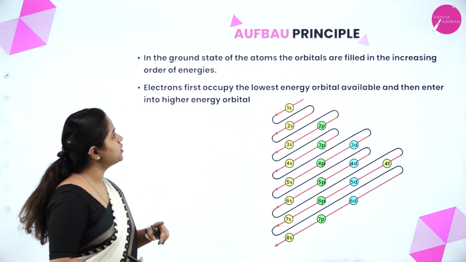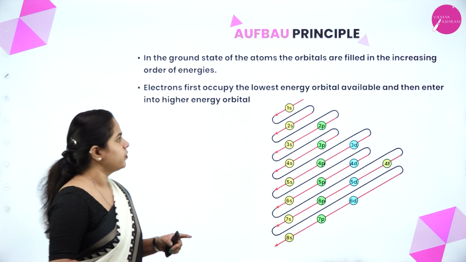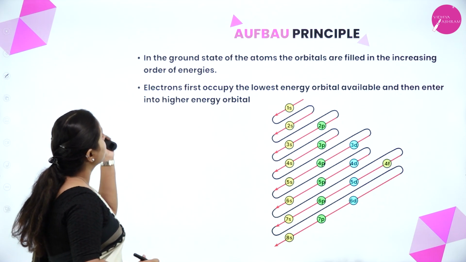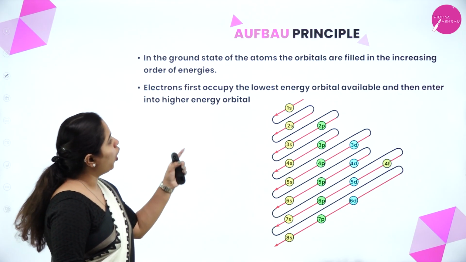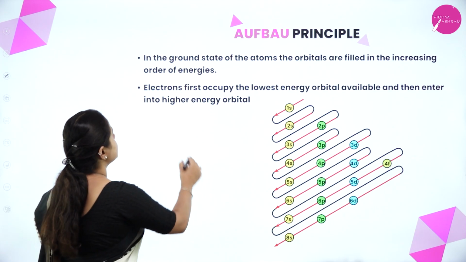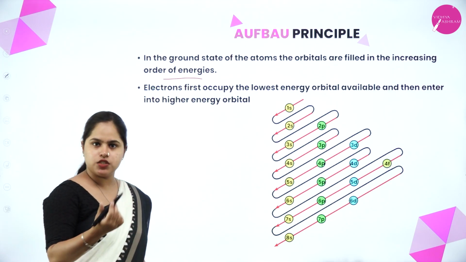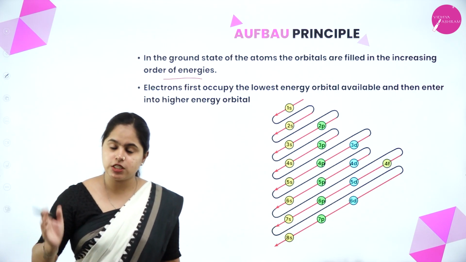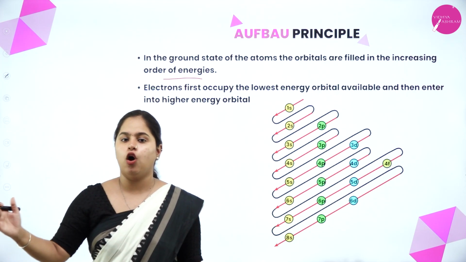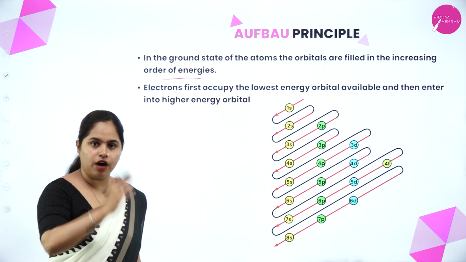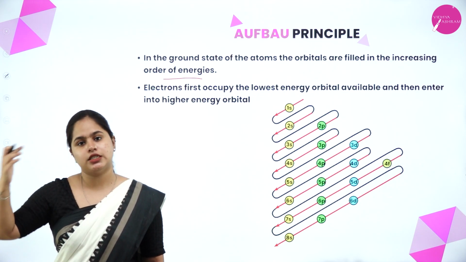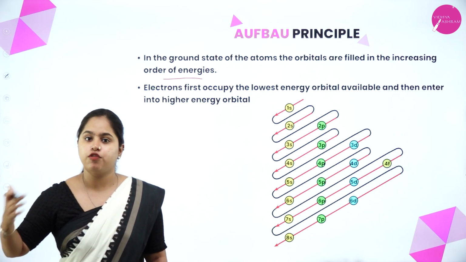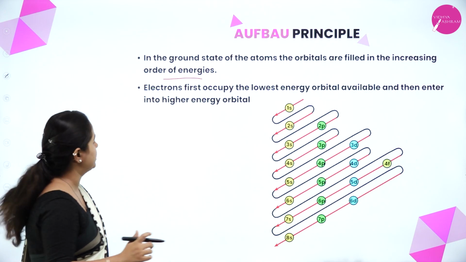The first one is the Aufbau principle. What is the Aufbau principle? In the ground state of atoms, the orbitals are filled in the increasing order of their energies. This one we already discussed. After 1s gets filled, then 2s, then 2p, then 3s, 3p, 4s. That order should be maintained.